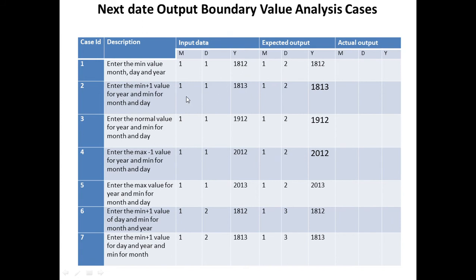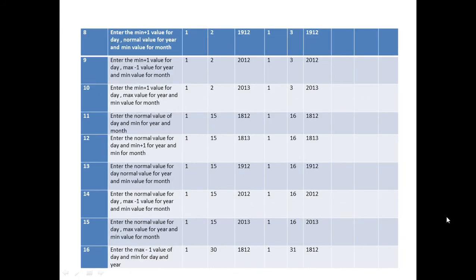Next, again this is the minimum value, minimum plus value, again minimum value, nominal value, minimum value, maximum value. This is minimum value, sorry, max minus 1 value. This is minimum and maximum. Like that, you have to make all possible combinations of all the five values, and you need to eliminate the duplicates.